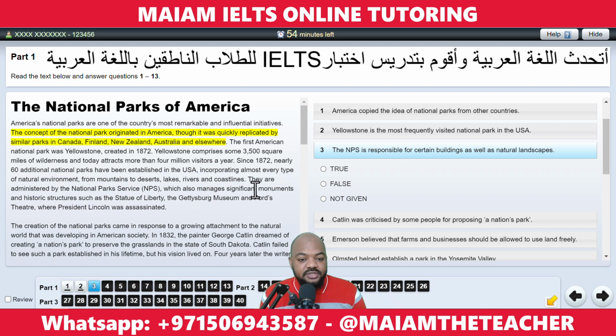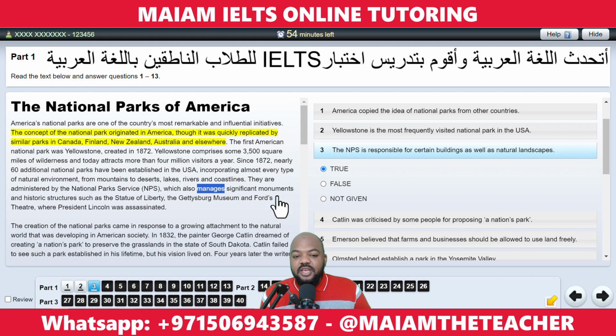So it says here that they manage significant monuments like the historic structures, like the Statue of Liberty, the Gettysburg Museum, and Ford's Theater. And basically, yeah. So the answer is going to be true. So based off of that information, they do actually manage certain buildings, okay, and natural landscapes. So yeah, pretty straightforward there.